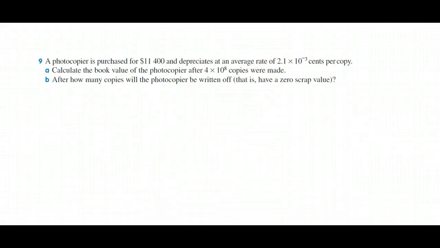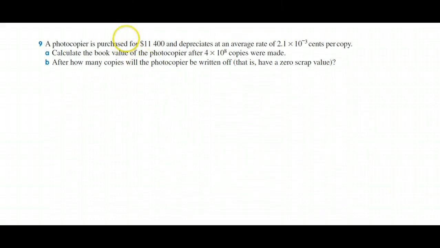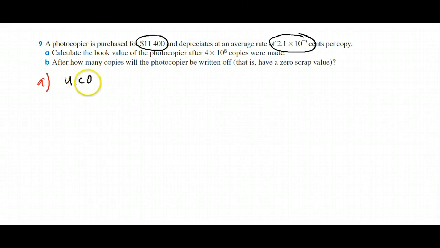Okay, and finally, we've got a photocopier that's purchased for this amount, and it depreciates at an average rate of this many cents per copy. Now often with these unit cost depreciation problems, we have to calculate the unit cost depreciation by working out how much depreciation has occurred and dividing it by the number of times the machine gets used.